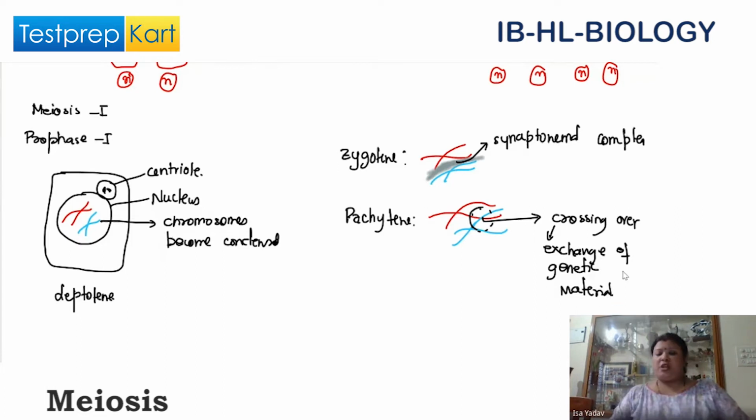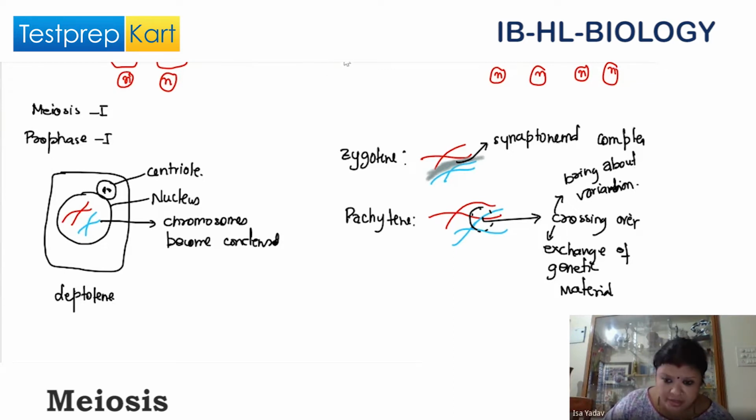This gives variation. Those who reproduce sexually have some features of our parents, but we are not exactly like our parents. That is because of crossing over and exchange of genes. This crossing over will bring about variation. Clear? Okay.